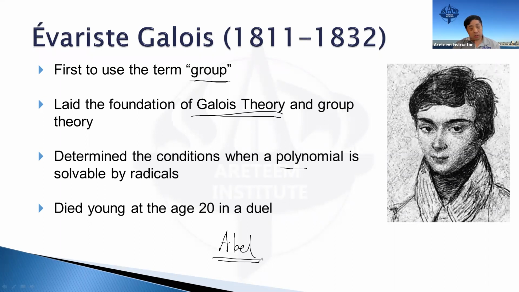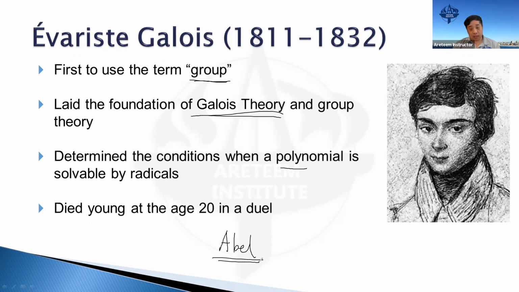And then he also developed a similar theory, and unfortunately, they didn't meet. So Abel also developed this kind of theory, and both of them laid down the foundation of abstract algebra, and they proved that polynomials of degree 5 or above don't have a general radical solution.